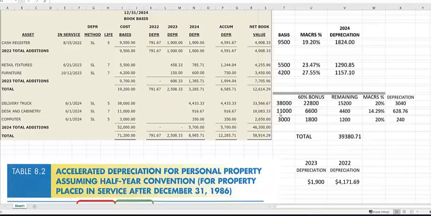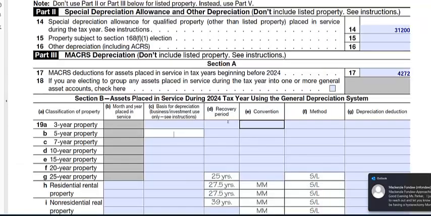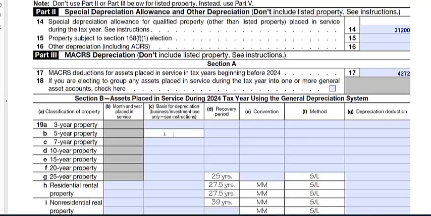We'll start with the 2 5-year items. The basis is 15,200 and then the computer is 1,200. If we add those two together, then our basis is 16,400. So on the 5-year item here, the basis is 16,400.